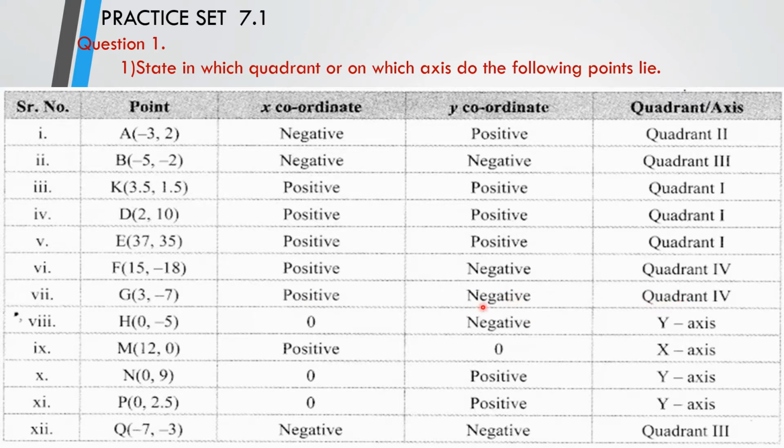And H(0, -5), the x coordinate is 0 and the y coordinate is negative.